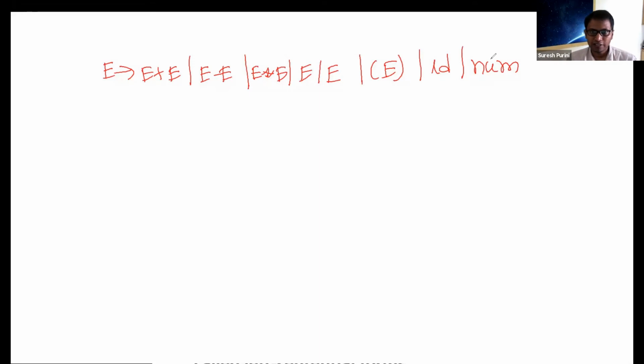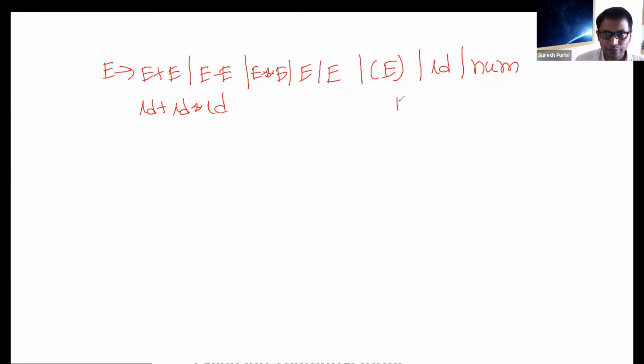So we want to fix the ambiguity problem here. There are two ambiguities here. In order to understand them, let's say you have a statement such as id plus id star id. There are two parse trees that we can construct for this.